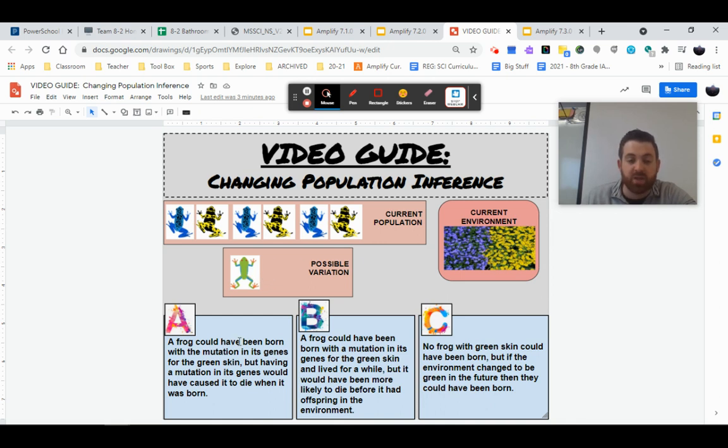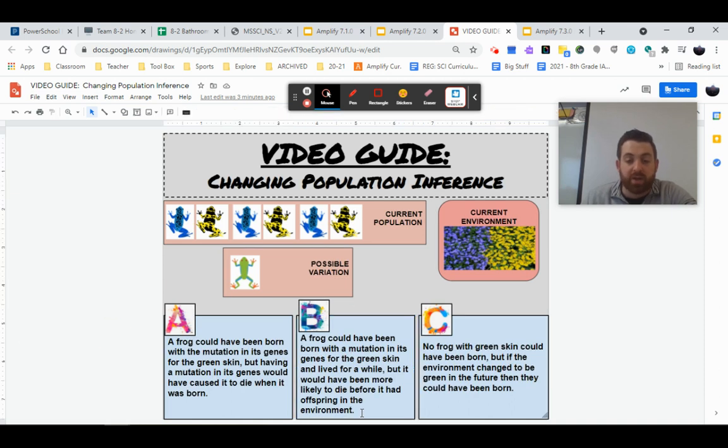So the question then is, which one of these makes the most sense? We know that a green frog could have happened because of a mutation, but would it have died because mutations are bad and any mutated genes would have caused it to die when it's born? Or would it be less likely to survive in the environment?